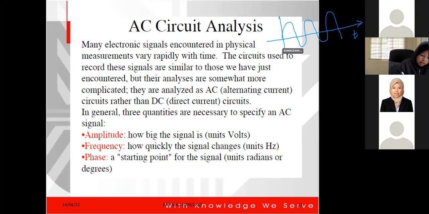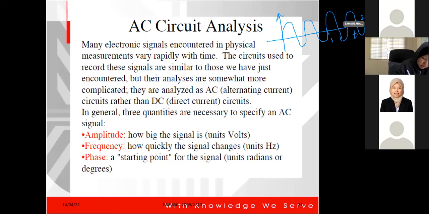Okay, so frekuensi bermaksud dalam masa 1 saat. For example, if this is 1 second, katalah ini 1 second, dan seterusnya lah, this is 2 second.